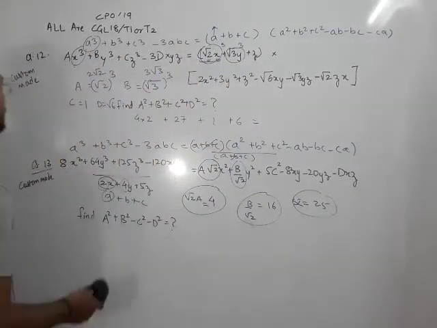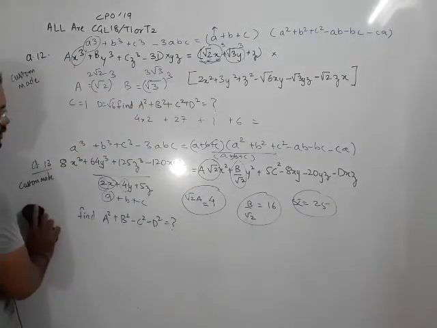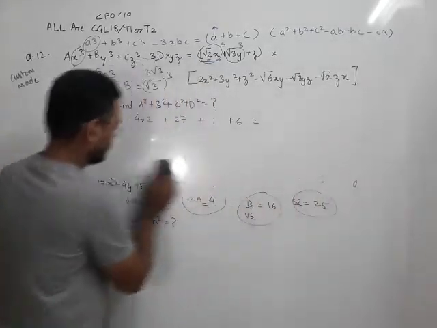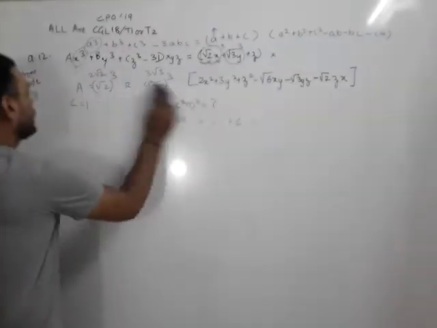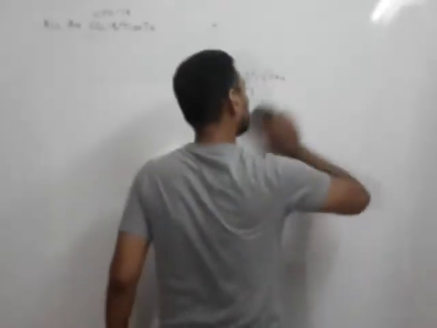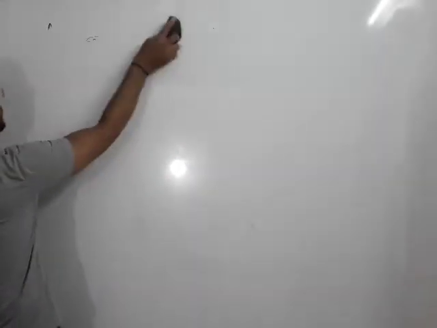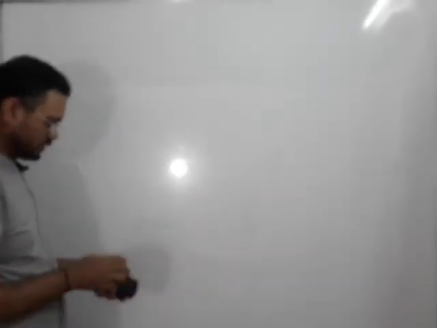What another type in algebra, or another one particular type in algebra on which constantly questions have been asked. Okay, if you remember, while solving the past year questions of CGL for algebra, there was one equation I had given and I had asked you all to learn by heart. What was that equation?